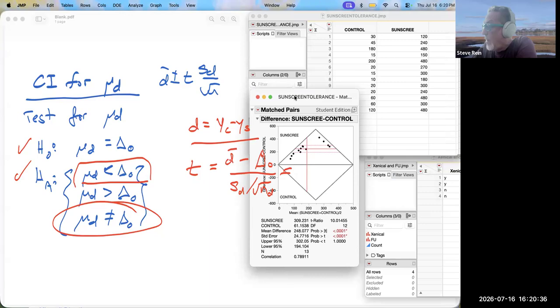So if I was focusing on the alternative hypothesis that there is a difference, that would give me a p-value right there of less than 0.0001.